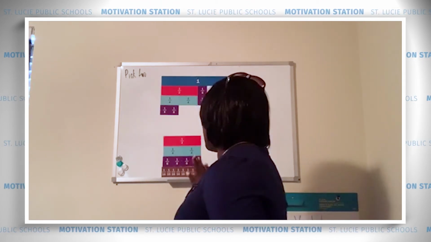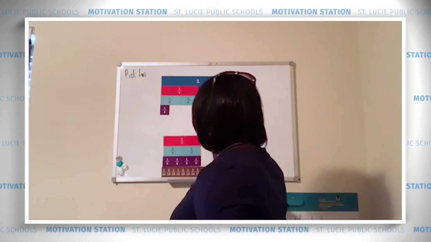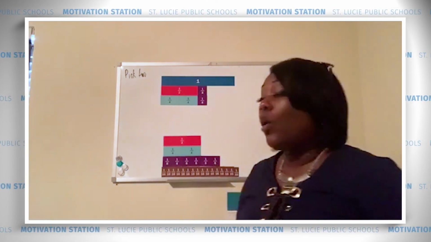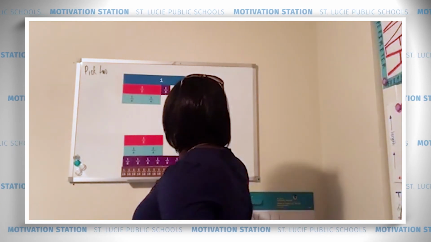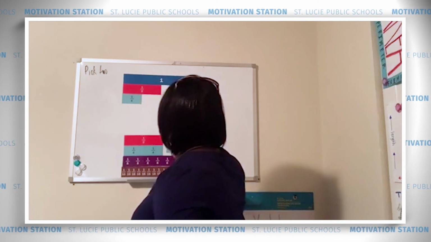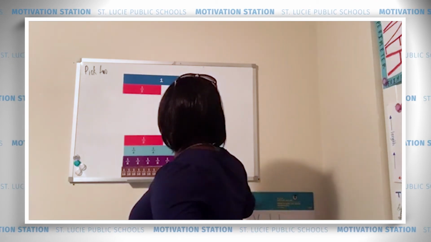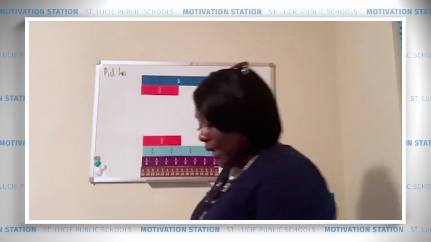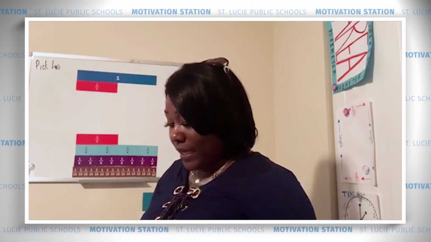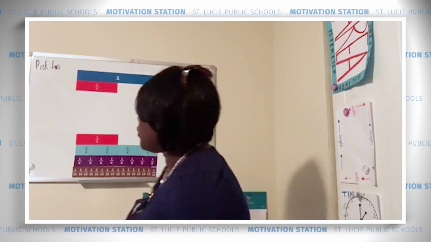They have the same fractional value and they represent the same fractional value of the whole. So last game of pick 2. And you can find the rules for the game pick 2 on page 14 in your workspace workbook.